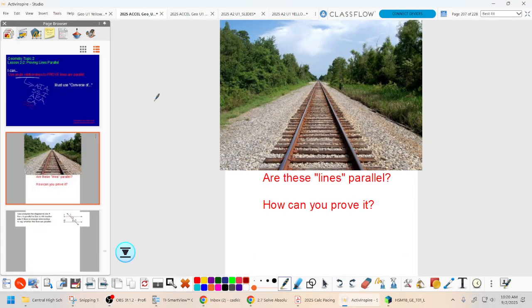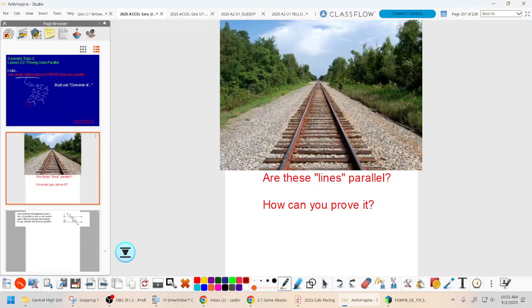Okay. Well, parallel we know means that they will never cross, which means at any given point they have to have the same, we could say trajectory, the same slope, the same direction. In other words, this track can't be going off this way, otherwise it would end up crossing, okay?